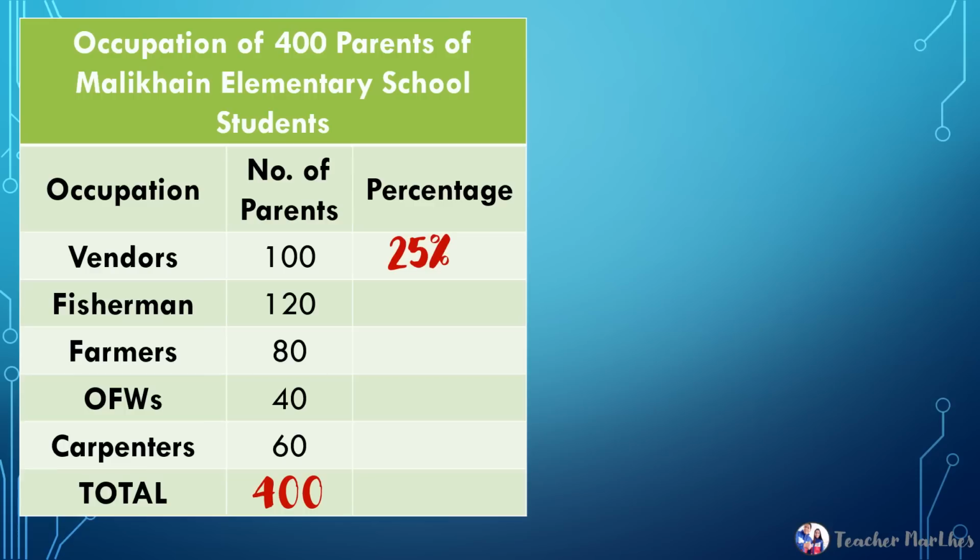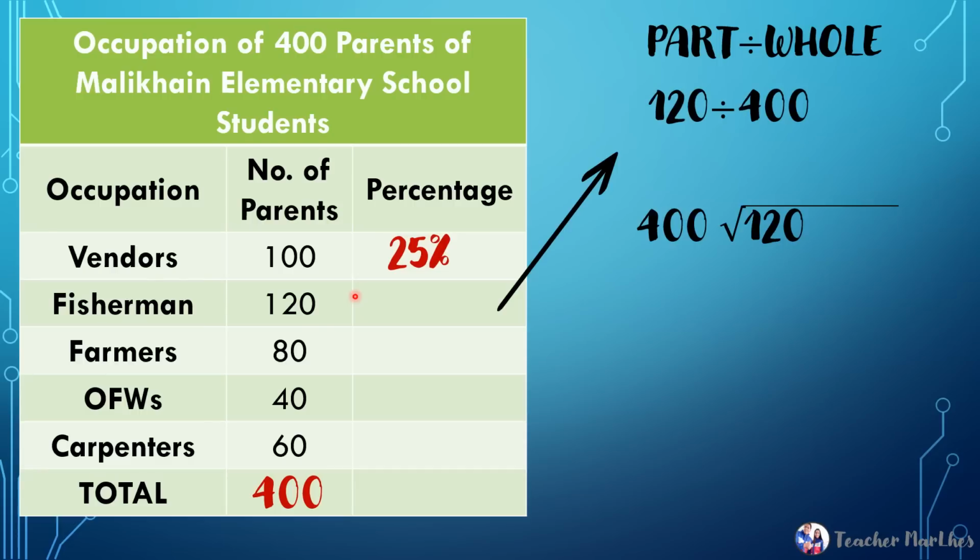Okay, next is fisherman. We have part again divided by whole. So 120 divided by 400. 120 divided by 400 is 0, so we add again a decimal point and 0. 1,200 divided by 400 is equal to 3. Copy the decimal point. 3 times 400 is equal to 1,200. Then subtract: 1,200 minus 1,200 is equal to 0.